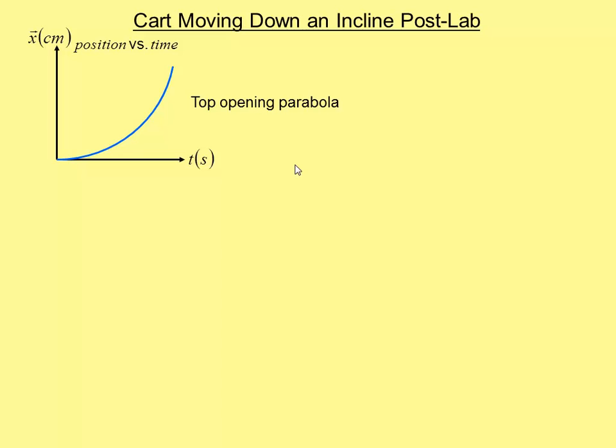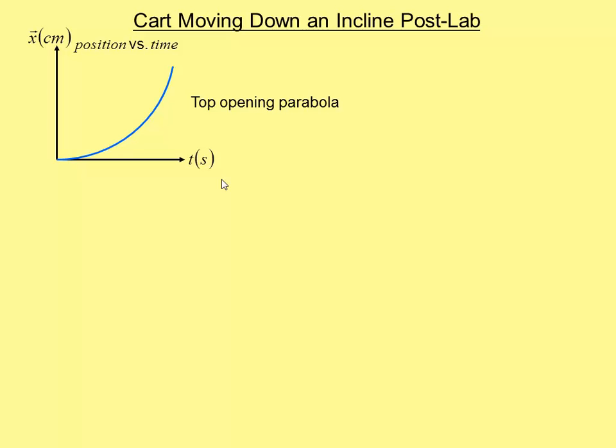For example, it's harder to make an equation or math model of this graph when it's a curve. So now we need to do a process which we learned earlier in the year called linearization. When we linearize a graph, we take what's on the horizontal axis, the time in this case, and do something to it to make the graph linear.